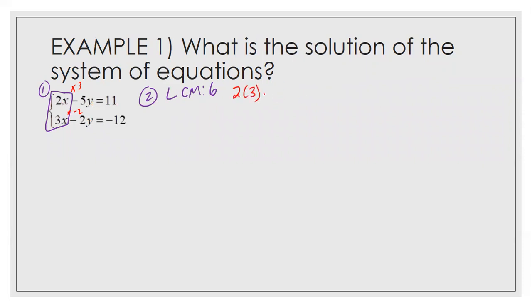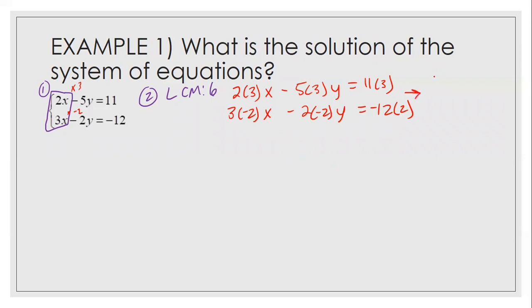So 2 times 3x minus 5 times 3y equals 11 times 3. 3 times -2x minus 2 times -2y equals -12 times 2.